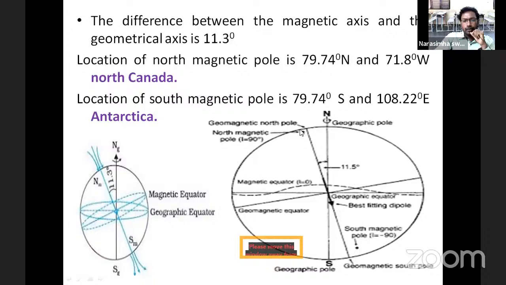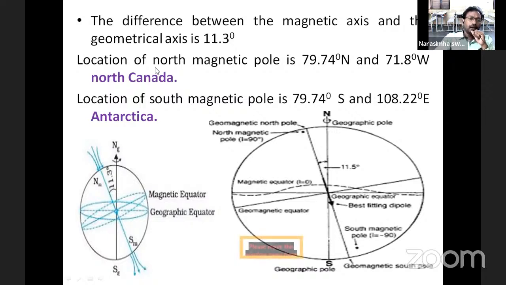So this position is 79.74 degrees, but the opposite one is 108.22 degrees. See, from the geometrical equator, the magnetic south is displaced at this angle, that is 108.22 degrees towards the east.